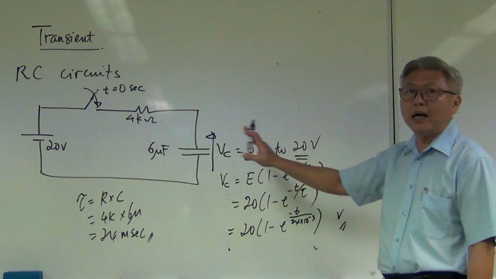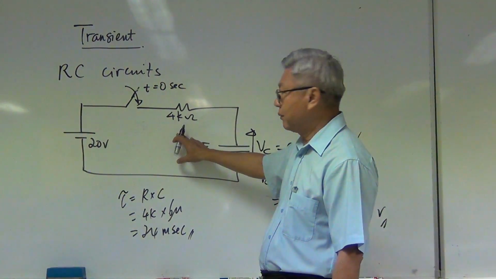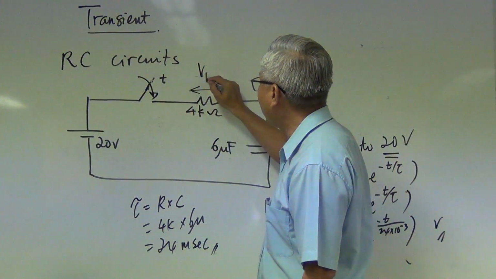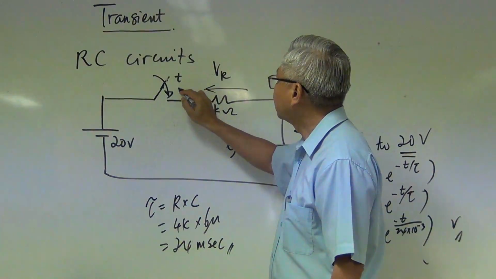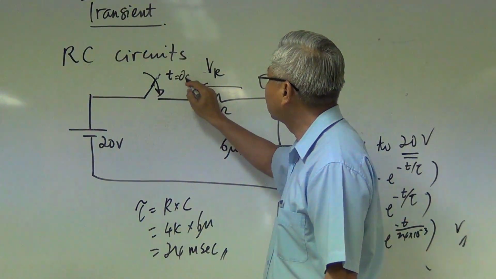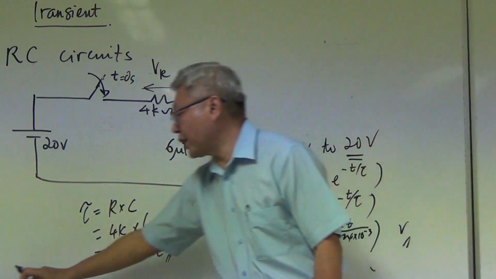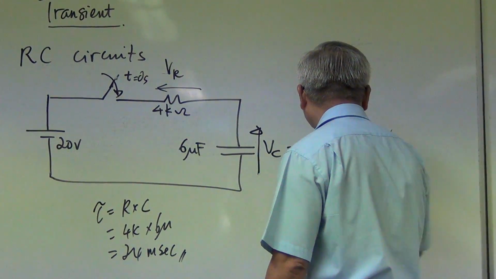Let's go and talk about our voltage across the resistor, VR. Right? Now, when the voltage across the capacitor is 0 volt, okay, let me erase all this.